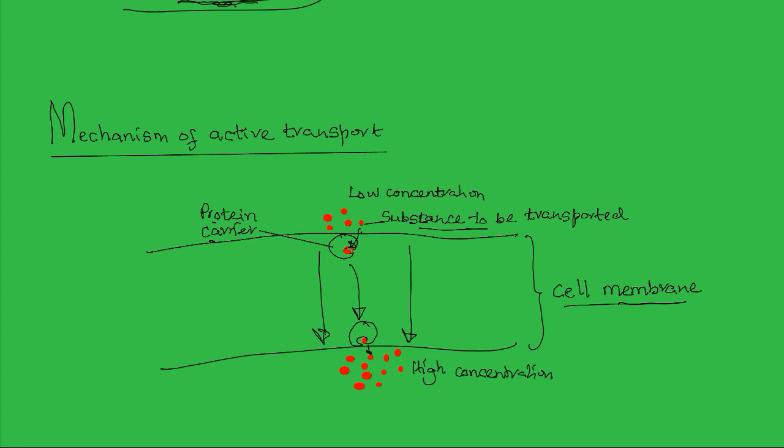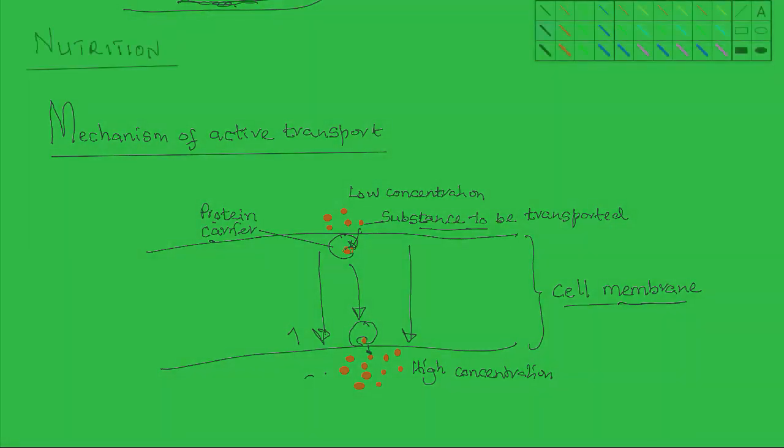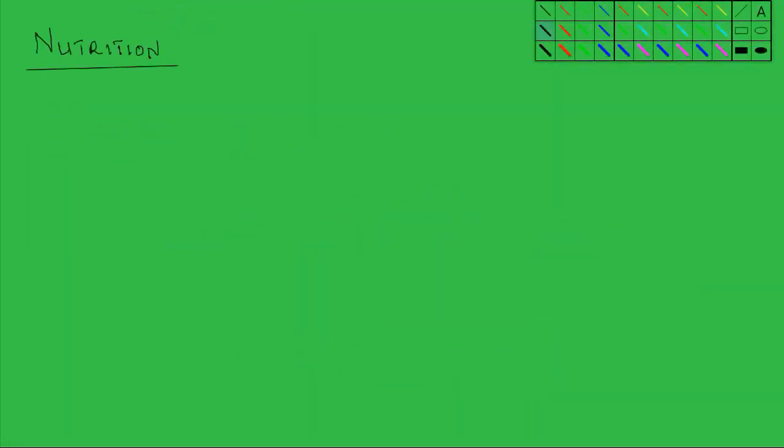Nutrients, on the other hand, are any substance that is a source of energy and structural components to a living organism. So from nutrients, living organisms obtain energy and substances that are used to make up structural components such as the cell membrane, organelle membranes, enzymes, and so on.